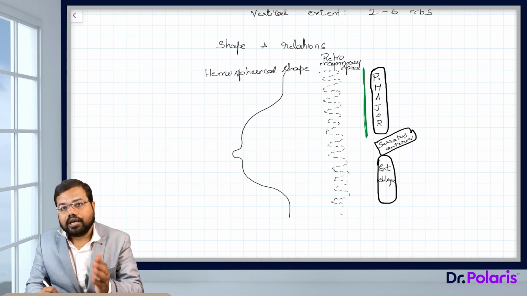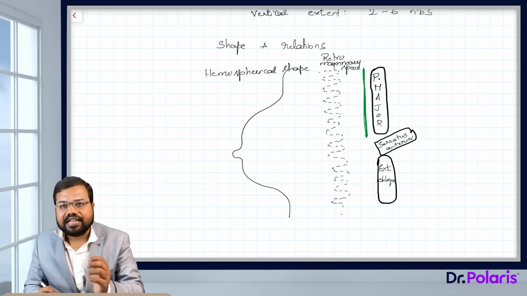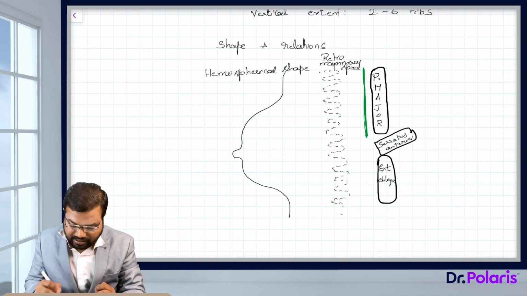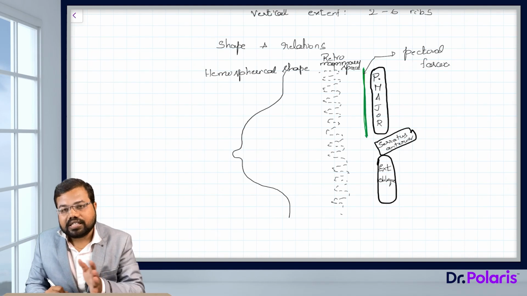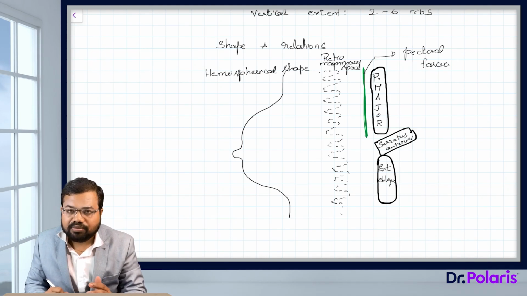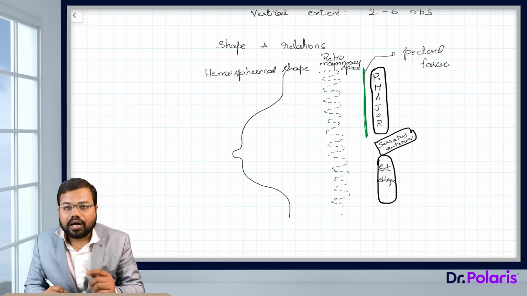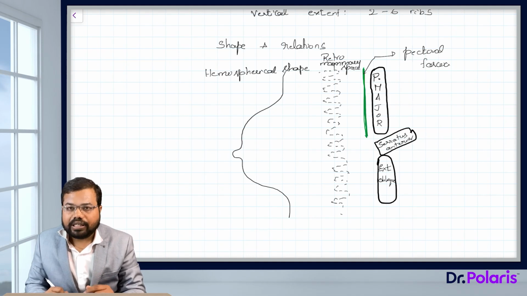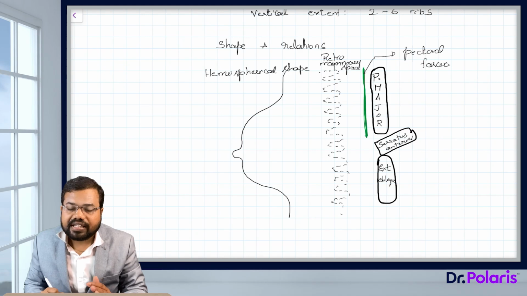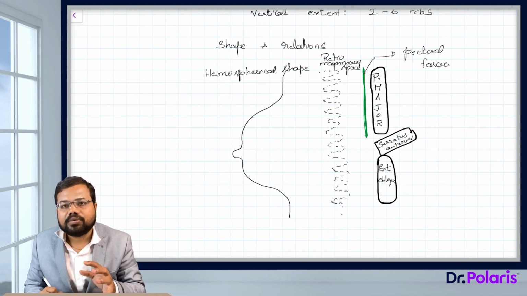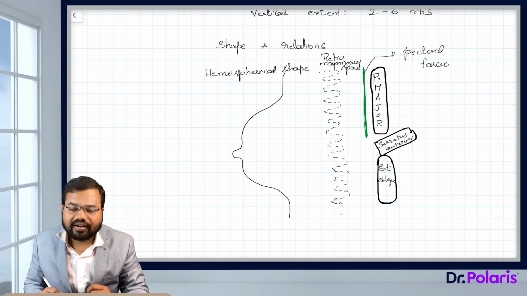So simply to say, the bed or the posterior relation of this mammary gland is, one, the pectoral fascia, which is the deep fascia of the pectoral region, covering the muscle called pectoralis major in the upper part. In the lower part, it is related with the external oblique, and in the lateral side, it is related with the serratus anterior. So these three muscles will form the bed of the mammary gland. Okay.